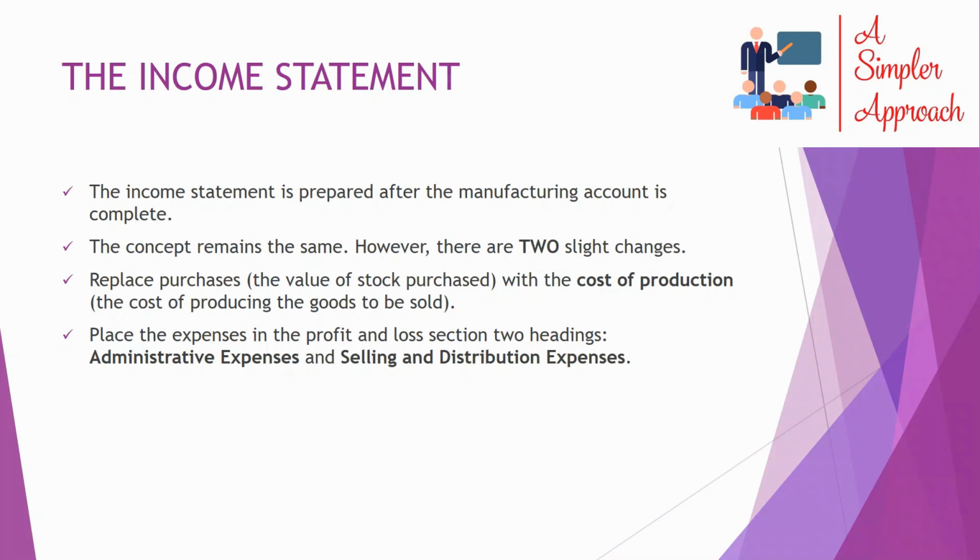That's the first thing. The second thing, in the profit and loss account, we are used to just writing down the expenses, just put them there. But for manufacturing, the expenses are grouped together in two categories: administrative expenses and the selling and distribution expenses. Apart from those two slight changes, the entire concept as you know it remains the same.